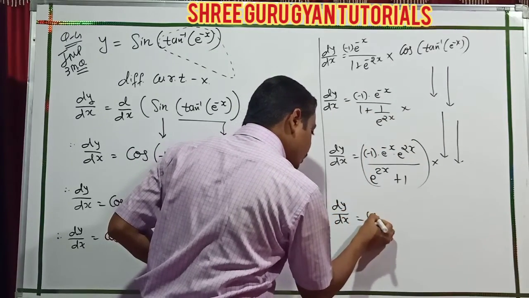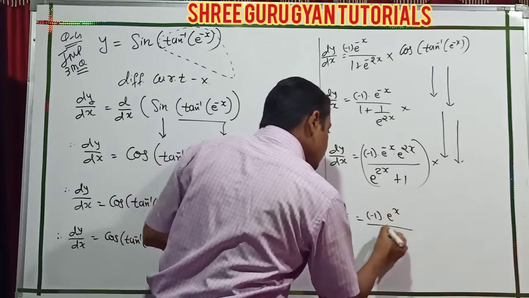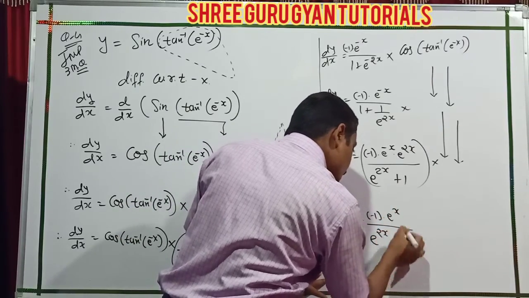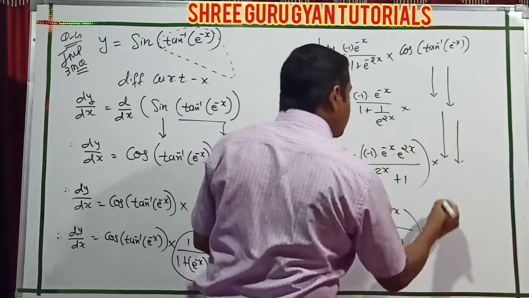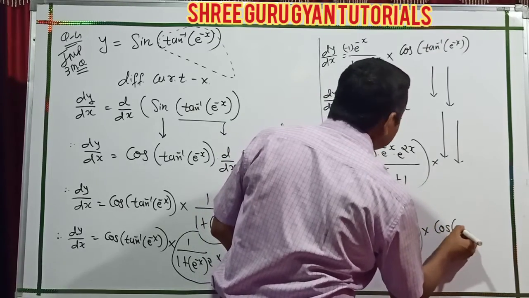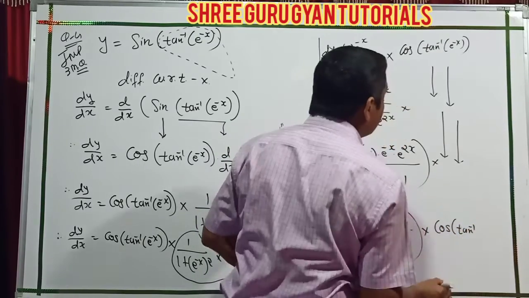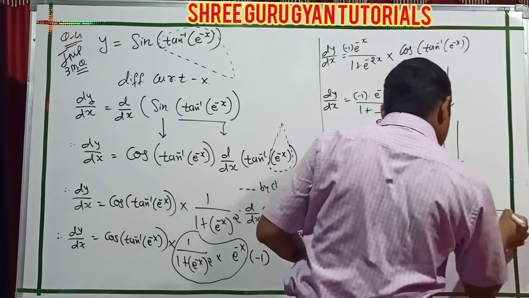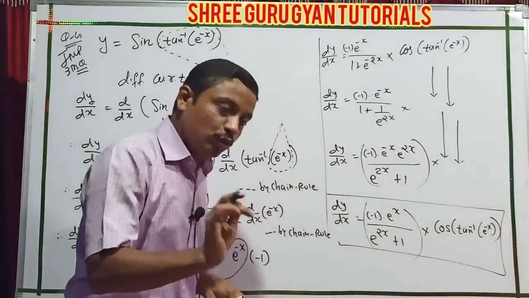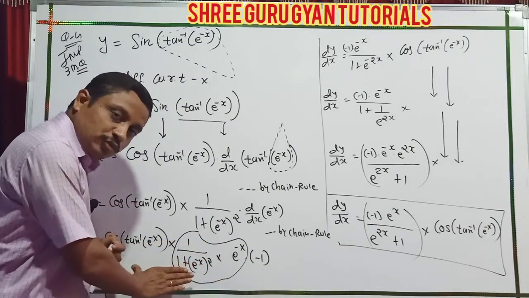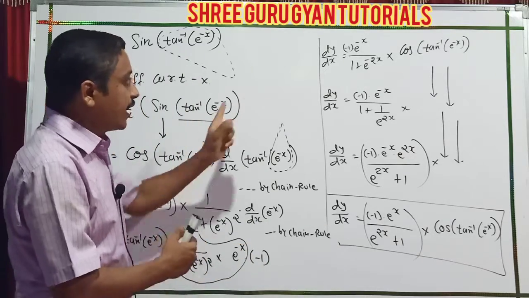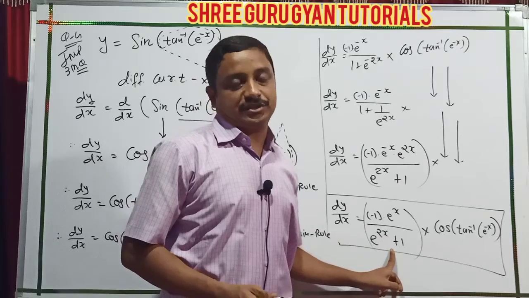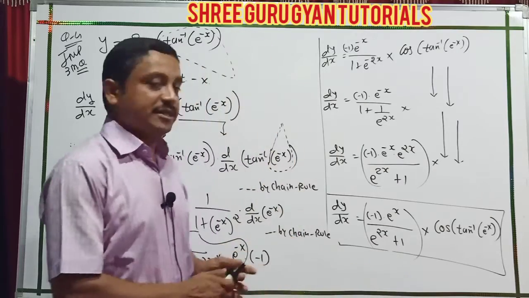It is minus 1 with e raised to x, into cos of tan inverse e raised to minus x. This answer, students, is also true, and the earlier answer is also true. So you write the answer up to simplification.